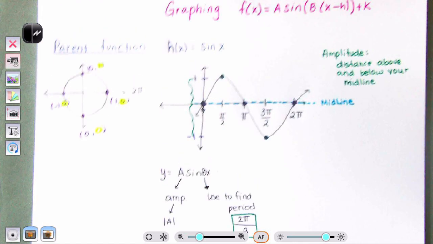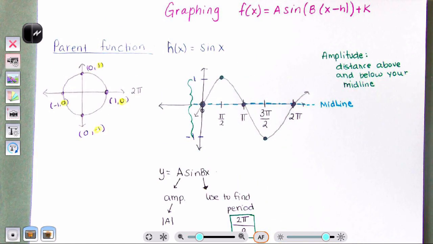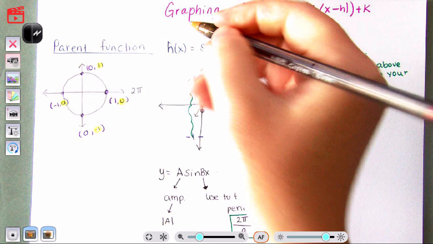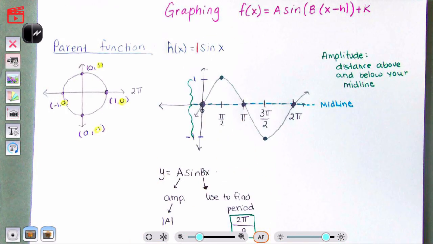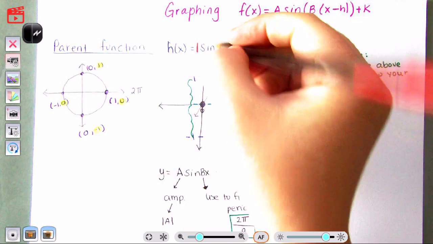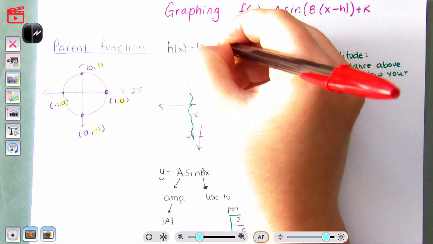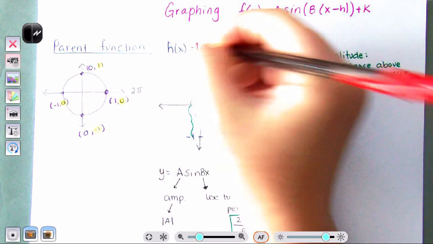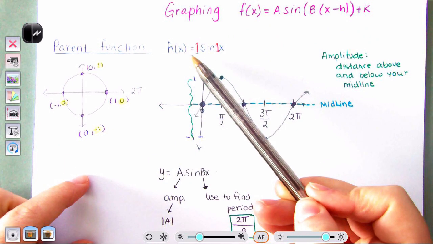Now let's go back to our parent function. We don't have an A, we don't have a B technically, but technically we do. So let me write that in. Because we don't have anything in front of sine, I have a 1. And we don't have a numeric in front of X. We have a 1. So our amplitude is 1.